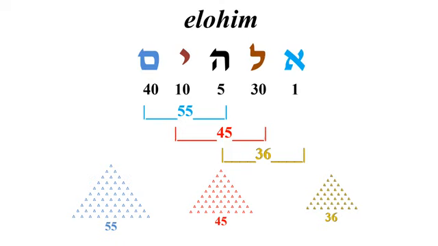If you take the 2nd, 3rd, and 4th letters of his name, Lamed, He, Yud, that's 30, 5, and 10, that's 45, that's a perfect triangle number. And finally, take the last 3 letters, He, Yud, Mem. He is 5, Yud 10, and 40, that's 55.